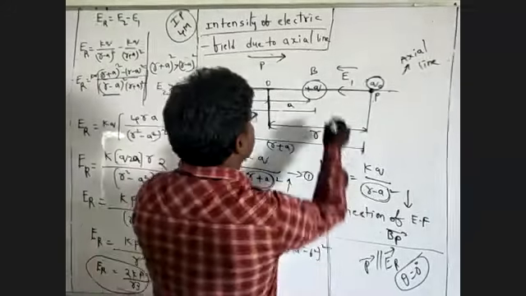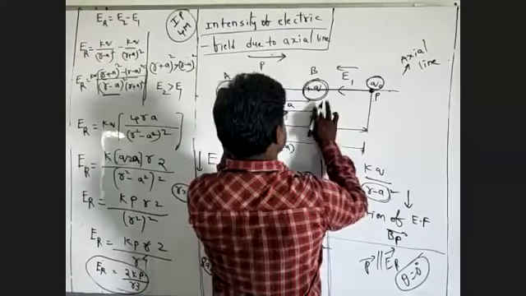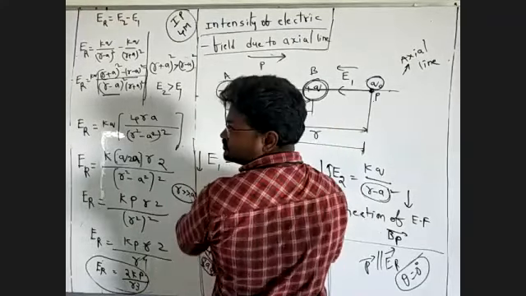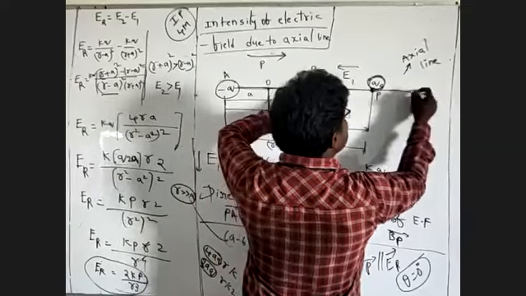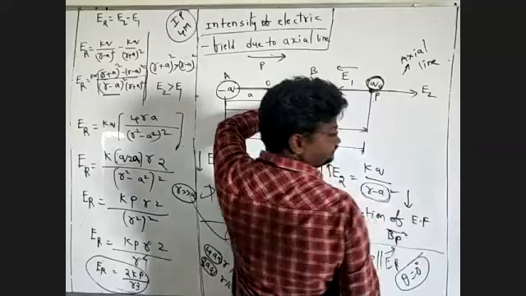Next, this is the positive charge. The positive charge will repel the test charge in this direction. That is the electric field E2.